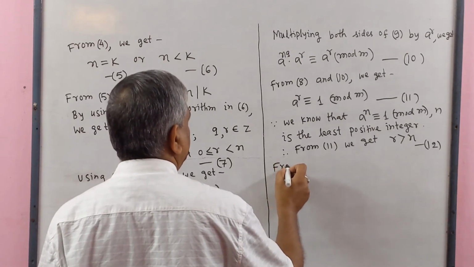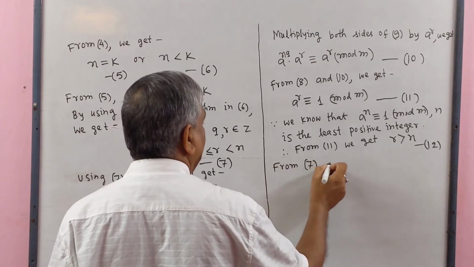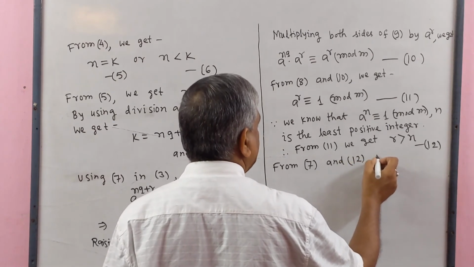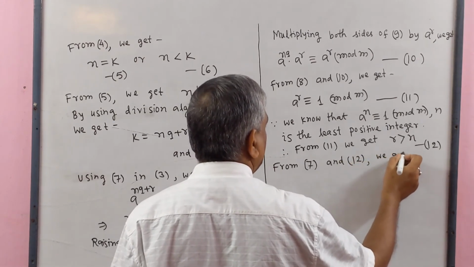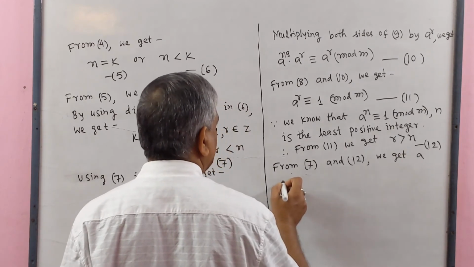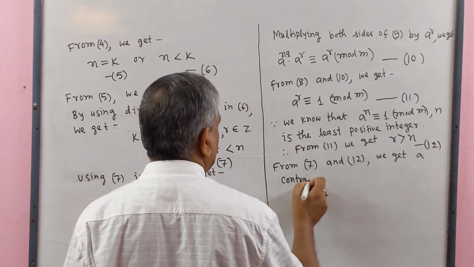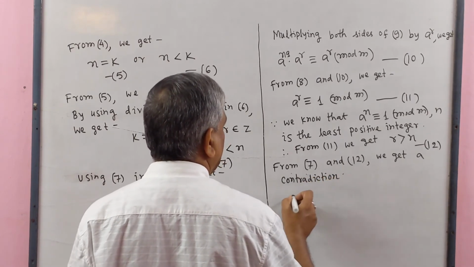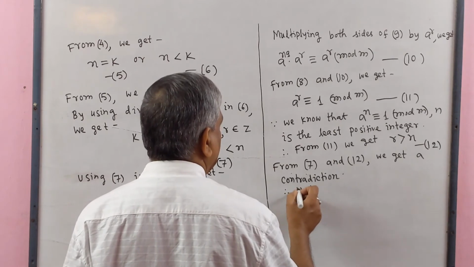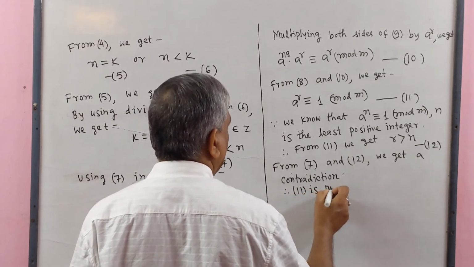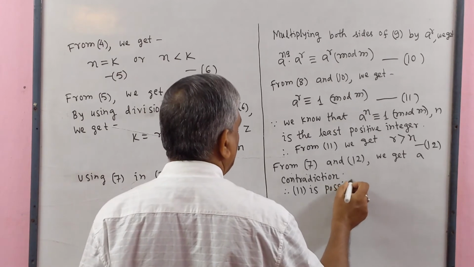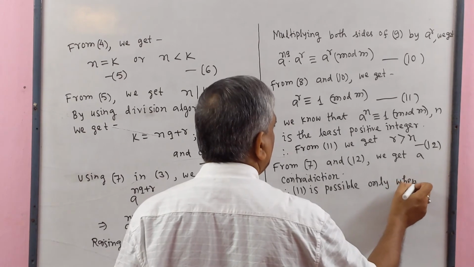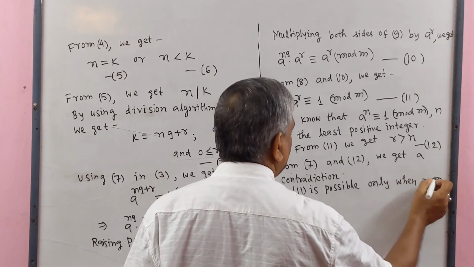From 7 and 12 we get a contradiction. Therefore 11 is possible only when R equal to 0.